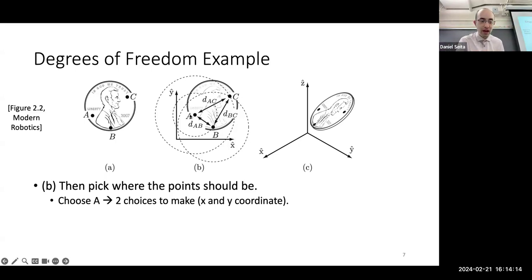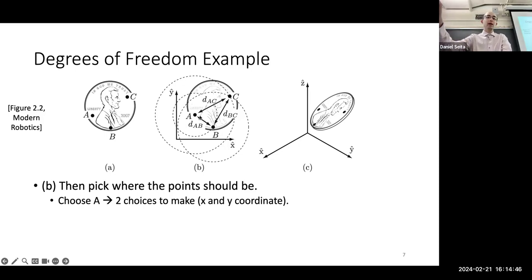So if you assume that this is where point A is located, because we have fixed point A, then what happens to B? The distance from point A to B must be this DAB term that we covered last slide. And that creates this dashed circle centered at A.